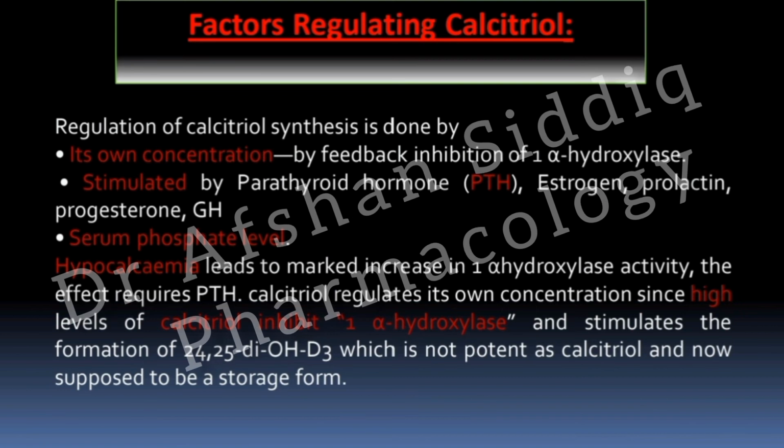Meanwhile, the synthesis of calcitriol is stimulated by parathyroid hormone, estrogen, prolactin, progesterone, growth hormone, and other placental hormones.